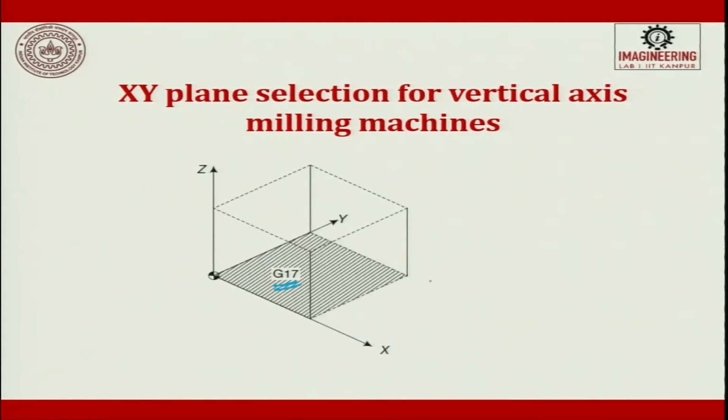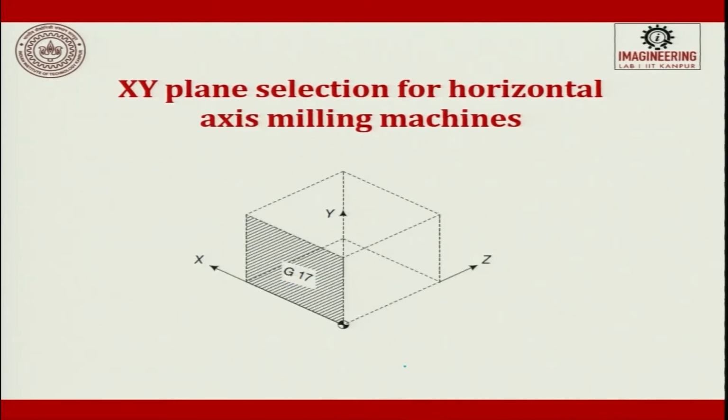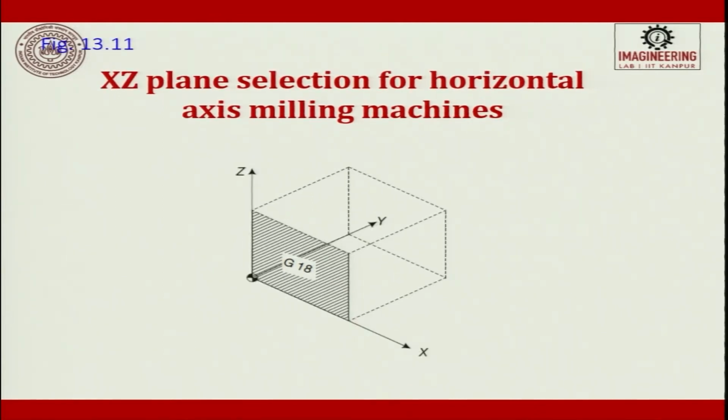This is the XY plane for vertical axis milling machines; when I do the same for a horizontal axis, it comes like this. So, this is X and Y, G17. For the horizontal axis milling machine, the XZ plane is X and Z. So, this is G18, XZ plane selection for a horizontal axis milling machine.